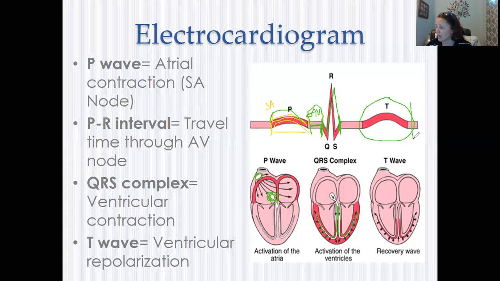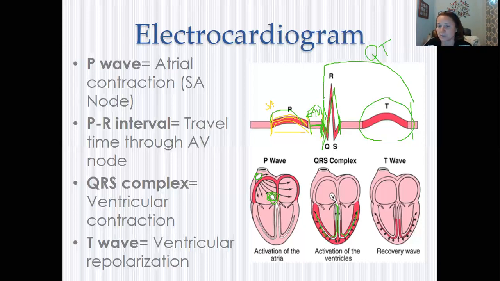That time is what we measure, which we'll go into in a minute. What we measure is your QT interval. So time-wise, the amount of time starts at the beginning of the QRS and goes over to the end of the T wave. So that QT interval is going to measure how long it took for the ventricular contraction and for it to return to a relaxed state.